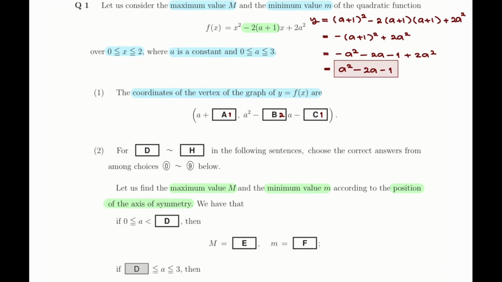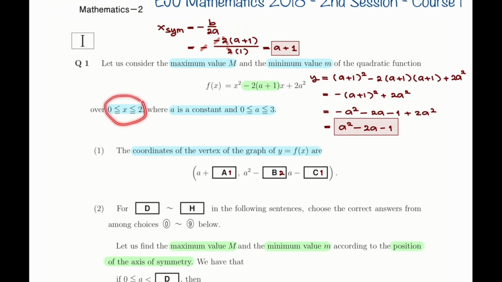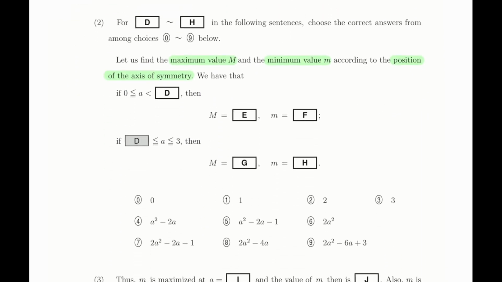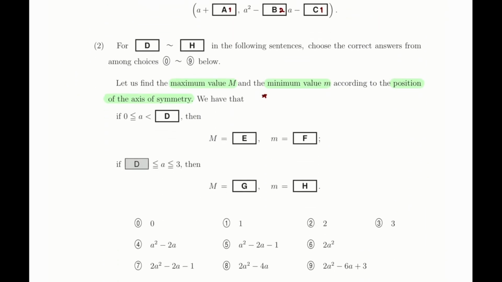So my first possibility for the position of the axis of symmetry is in this range: 0 less than or equal to my symmetrical axis less than 2.